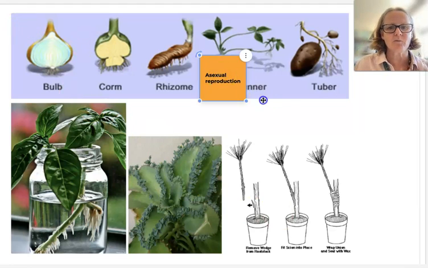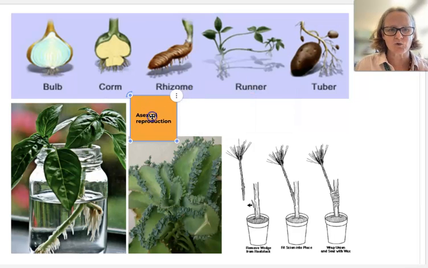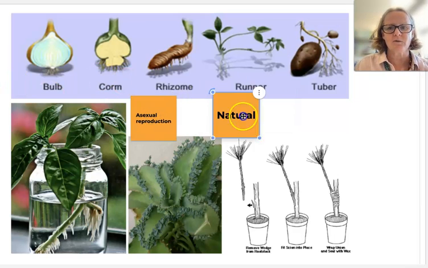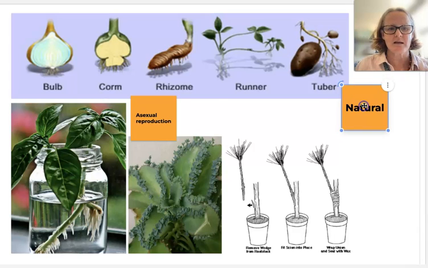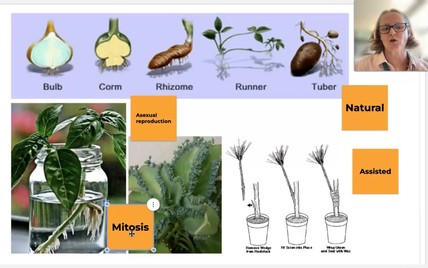So these are all different ways of doing asexual reproduction. We've got some natural ways, and we've got some man-made and assisted ways like the grafting and the cuttings. But the key thing to remember is that they are all connected by the cell division of mitosis.